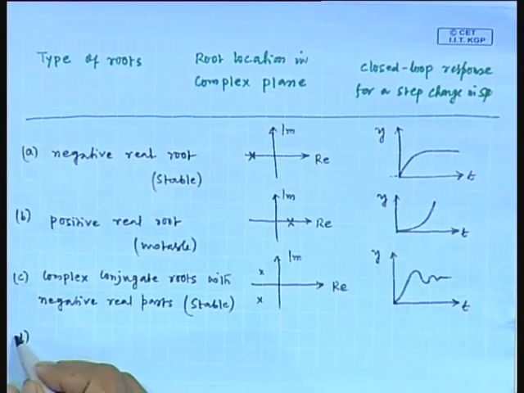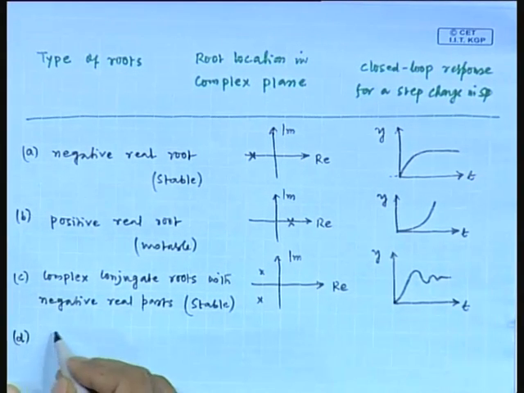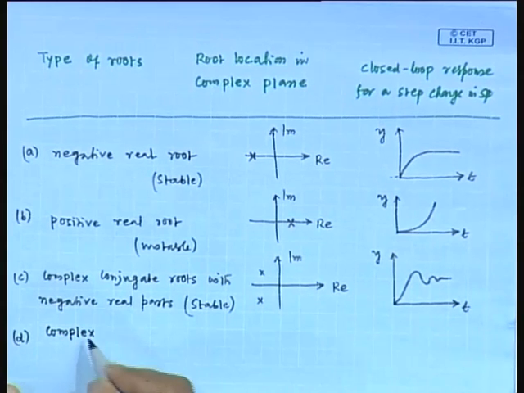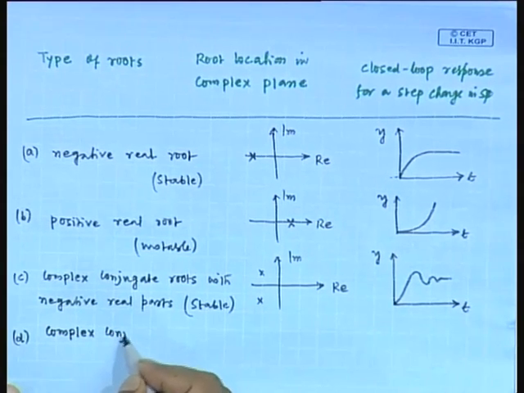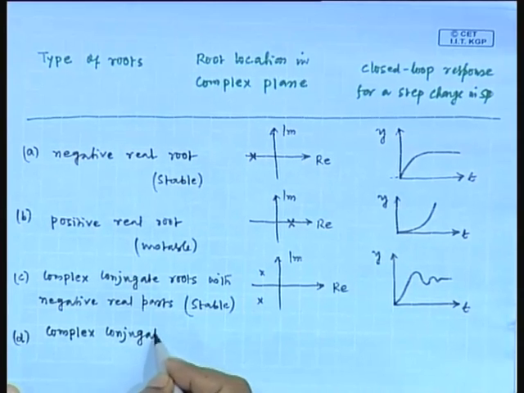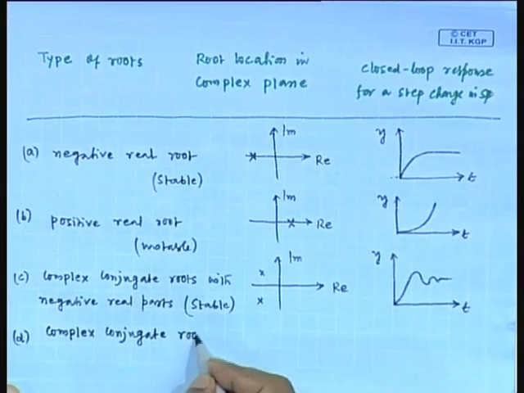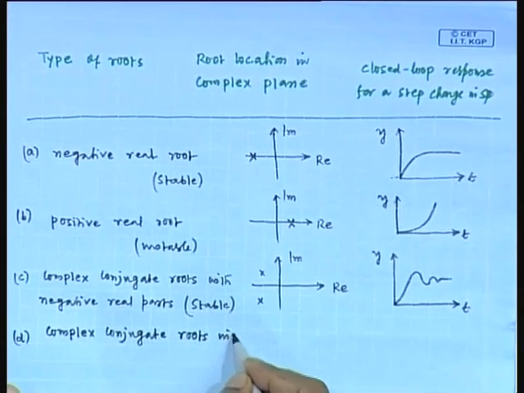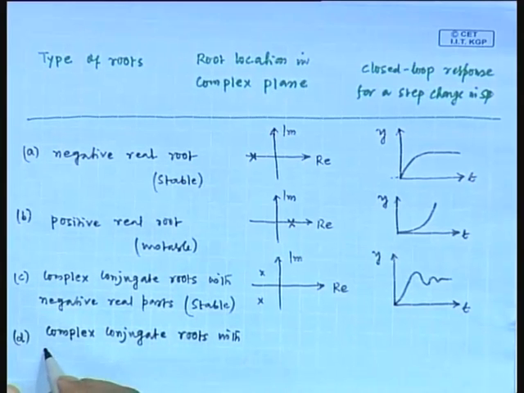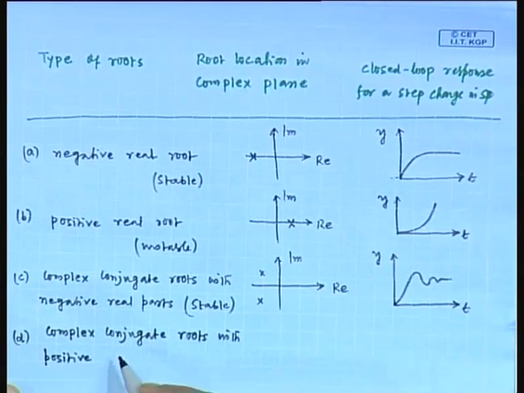Fine. And in the fourth situation, we will consider complex conjugate roots with positive real parts.